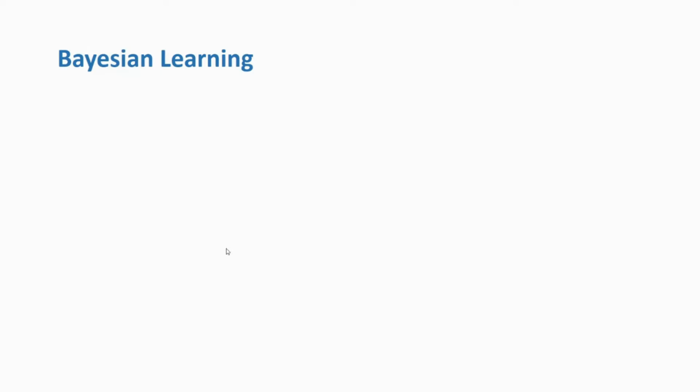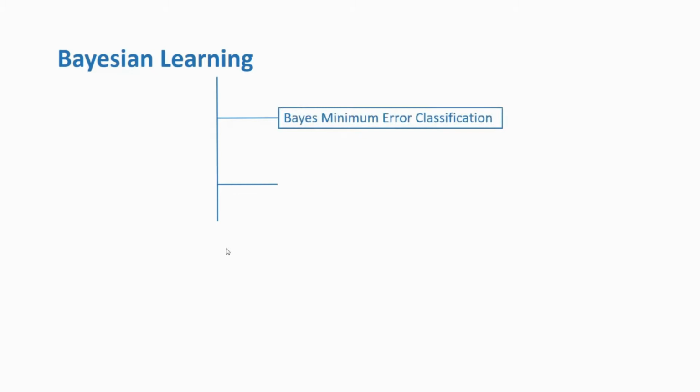Okay. Great. So in Bayesian learning, in case of deep learning, basically, we can divide it in two parts. One way of classification in Bayesian learning in deep learning is called Bayes minimum error classification.